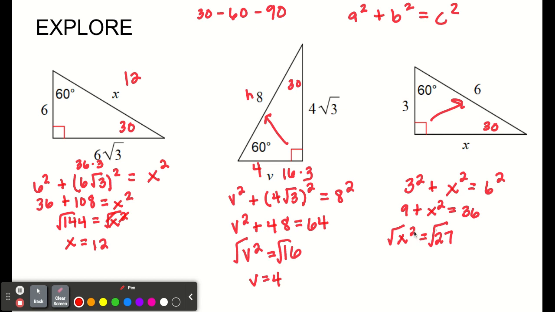Square root both sides to get x by itself. And we get x is equal to the square root of 27, which of course we want to simplify. So if we take that, we end up with x is equal to 3 times the square root of 3, 3 radical 3.